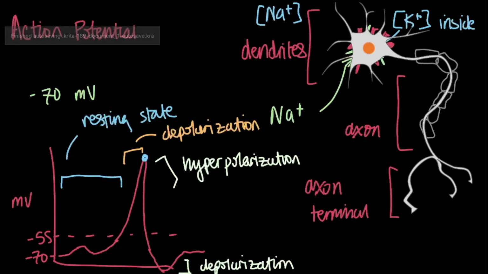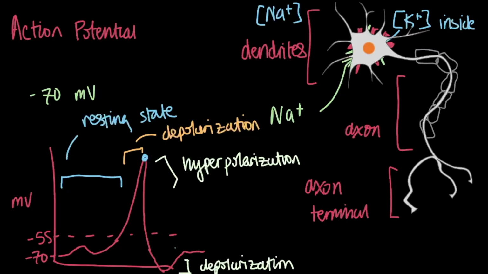And this is what causes the hyperpolarization, because you have a rush of positively charged ions outside the cell, which in turn causes the polarity to become more negative. However, the potassium that leaves the cell is much greater than the initial amount in the cell, which is what leads to the hyperpolarization right here.